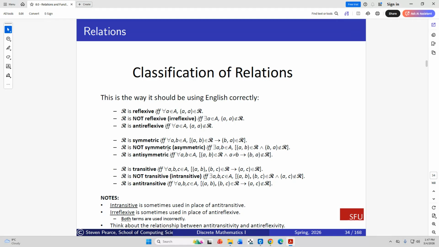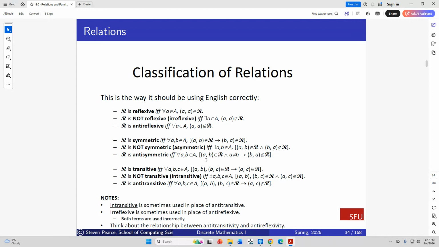A symmetric relation is obvious. If A, B are in the set A, then (A, B) is an ordered pair, and the relation implies (B, A) is also in R. So again, we have these complementary arcs between two nodes.